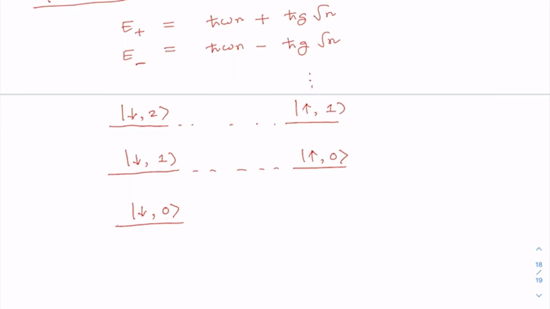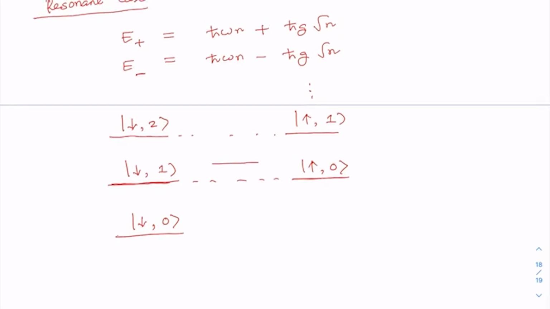Now when the coupling is switched on, these levels have the same energy, and this is getting split up into two parts, one is E plus and another one is E minus.